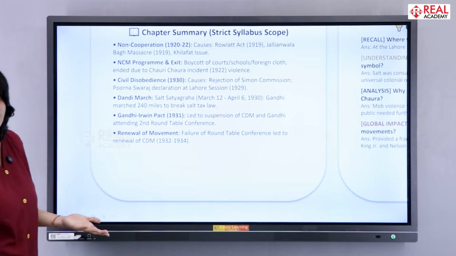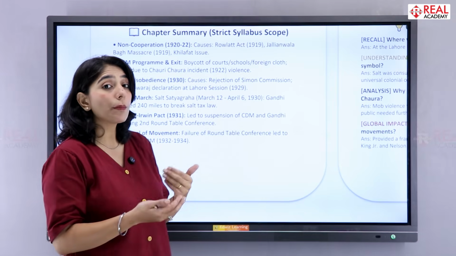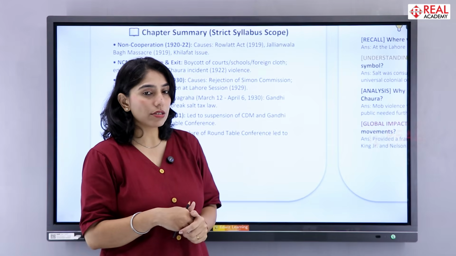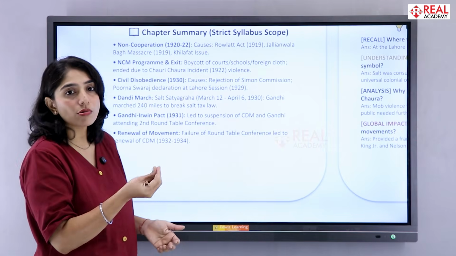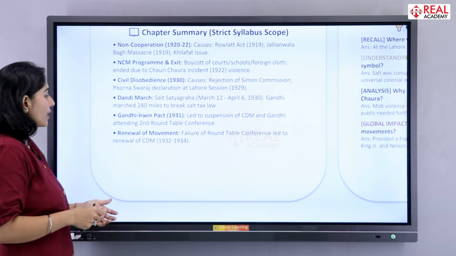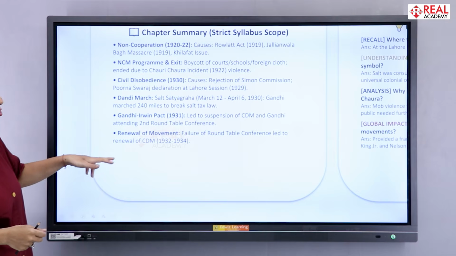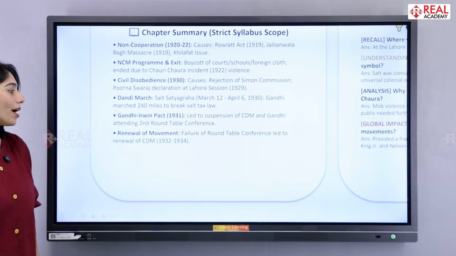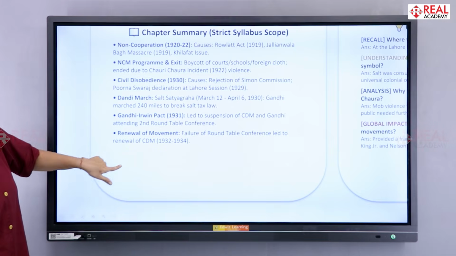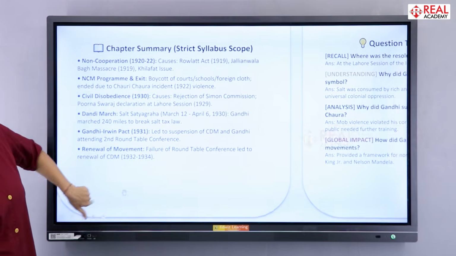But only for your information, I feel it is wise enough at least to know the background of the roundtable conference, so that it makes it easy for you to understand what the second roundtable conference was. Then we talk about the renewal of the movement, where you talk about the failure of the roundtable conferences 1, 2, and 3, which led to the renewal of the civil disobedience movement here.